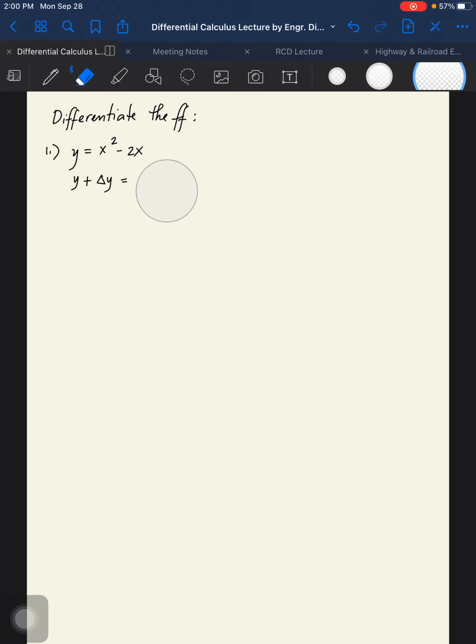Because if we don't use parentheses, we will be making a mistake like that. So in order to not have that kind of mistake, whenever we substitute a value for x, remember that you need the parentheses, right? And minus 2, now your x becomes x plus delta x.